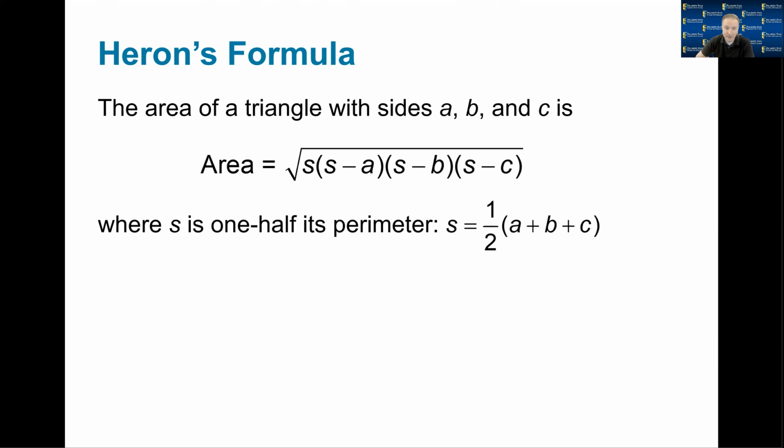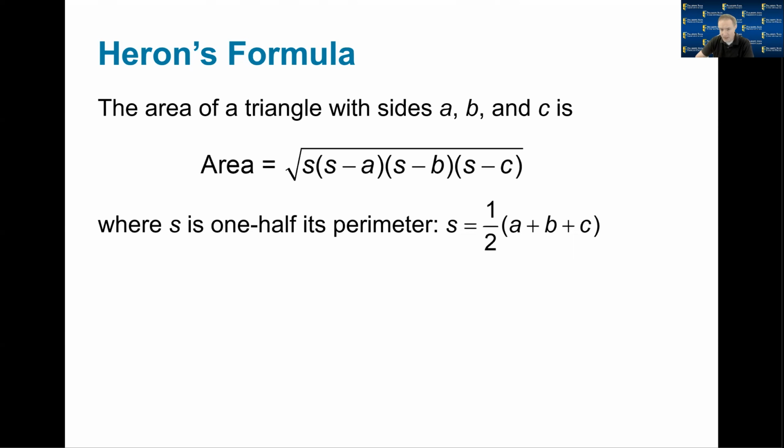The area is equal to the square root of S times S minus A times S minus B times S minus C, all of those products under a square root for the area of your triangle.